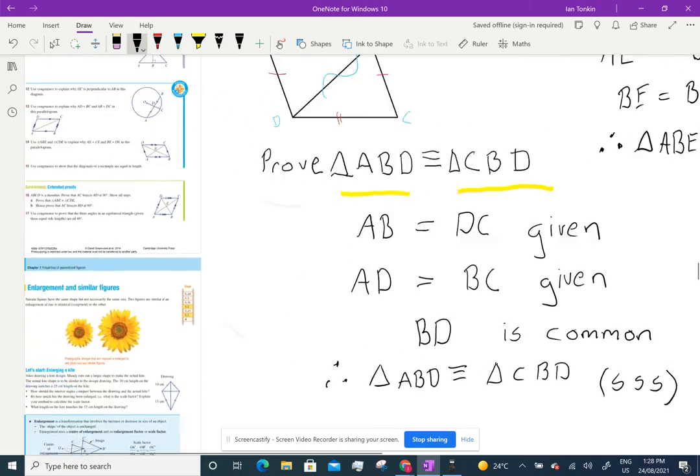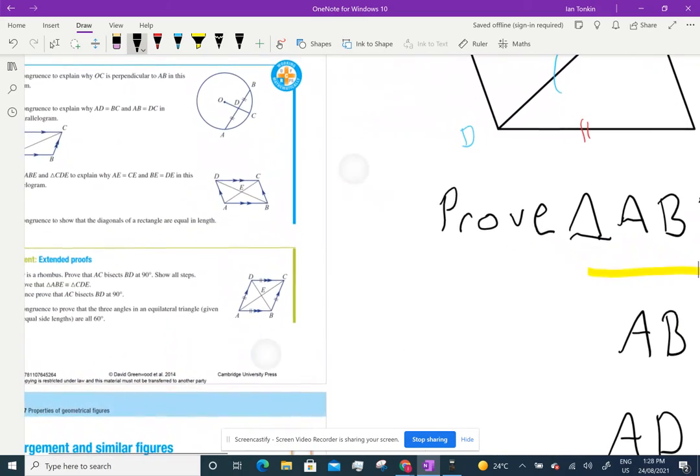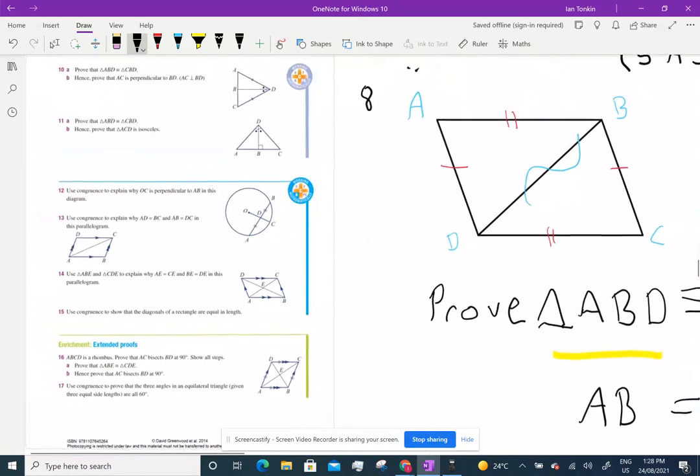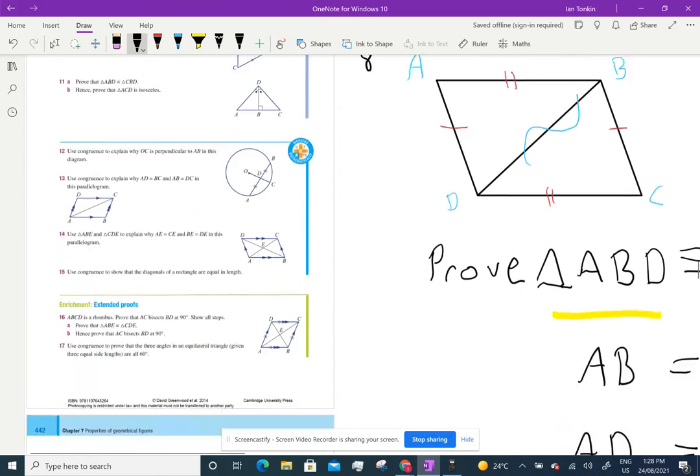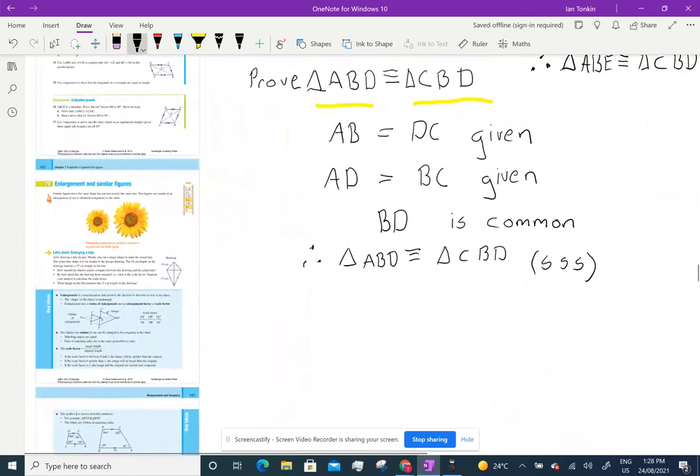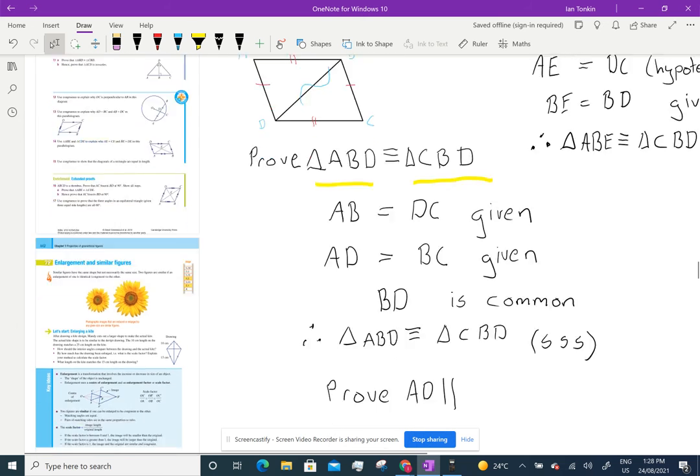Now, it then says prove that AD is parallel to BC. So now this is a lot harder, a lot more involved than what you think. Prove AD is parallel to BC.